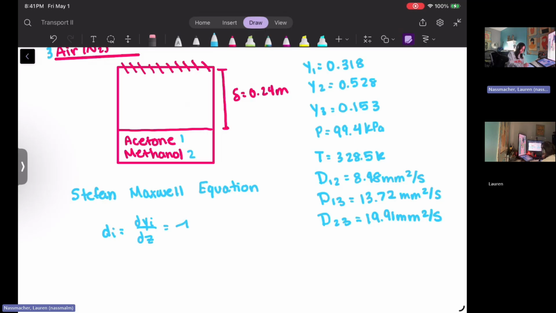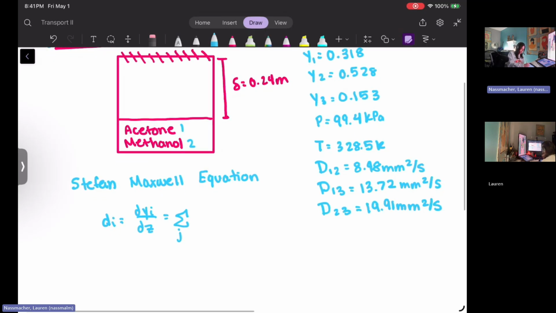And this is also equal to the sum with respect to j of our mole fraction of i multiplied by the molar flux of j, minus the mole fraction of j multiplied by the molar flux of i, and that's all over the concentration multiplied by the diffusion coefficient of i, j.